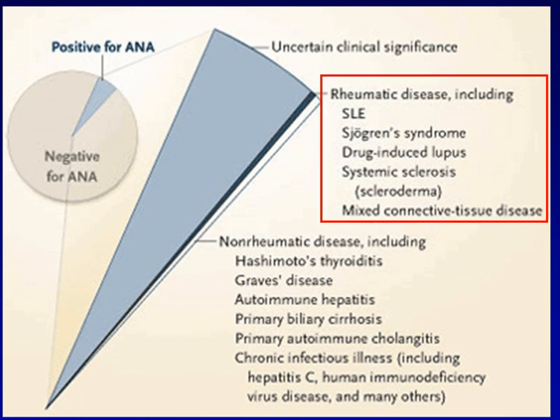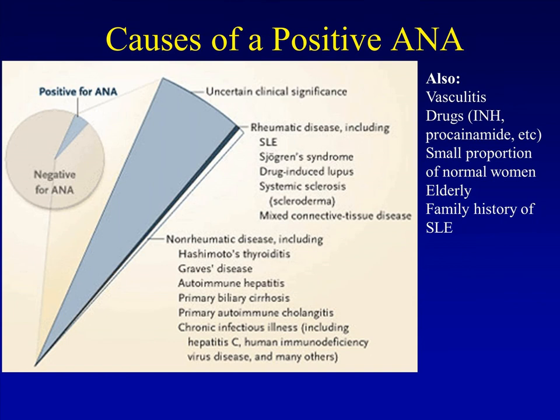Rheumatic diseases or non-organ specific autoimmune diseases are the focus of this lecture and include SLE, Sjogren's syndrome, drug-induced lupus, systemic sclerosis, or mixed connective tissue disease. So this concept is important and is the basis for the statement just previously that a positive anti-nuclear antibody in the absence of any clinical features does not equate with a diagnosis of SLE.